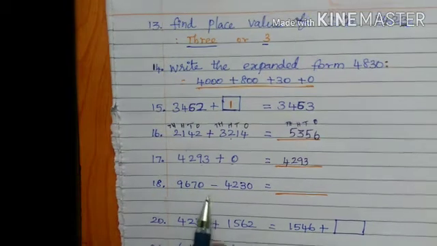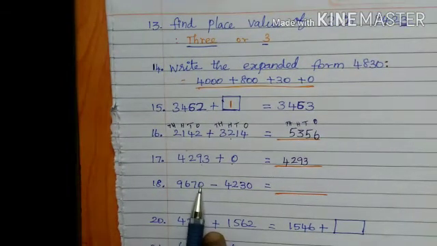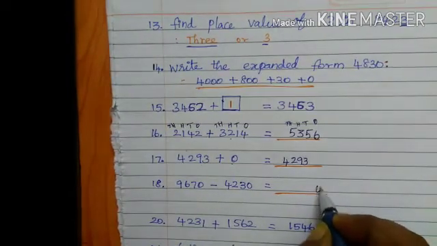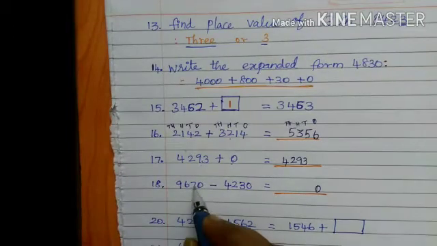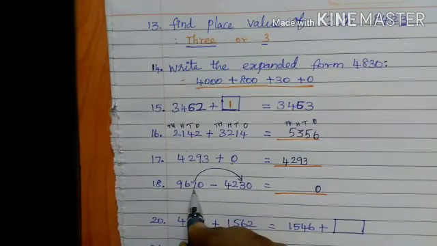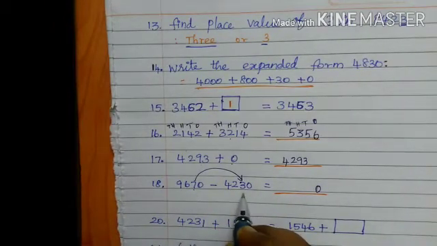Okay, then you find the ones place. 0 minus 0 is 0, then 7. Only do subtraction. This is the big number, this one is a small number.